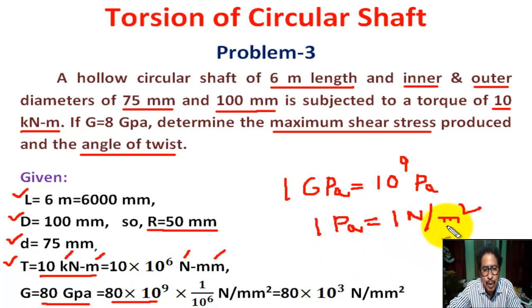We convert it into millimeter. So we divide it by 10 to the power 6, Newton per millimeter square, equal to 80 into 10 to the power 3 Newton per millimeter square.